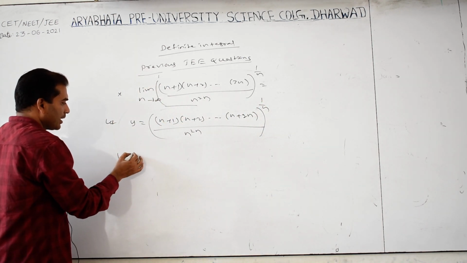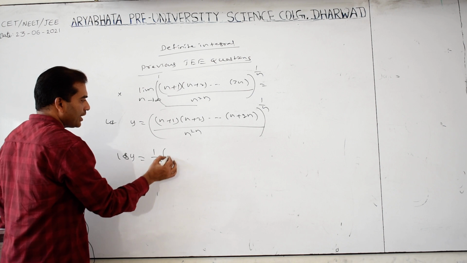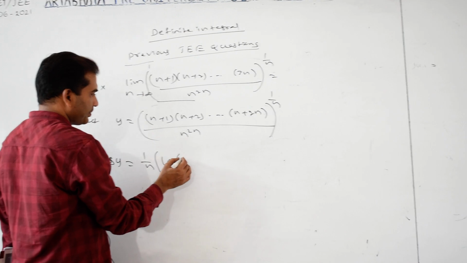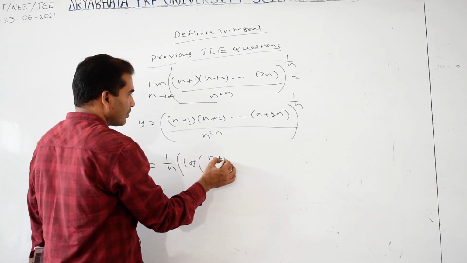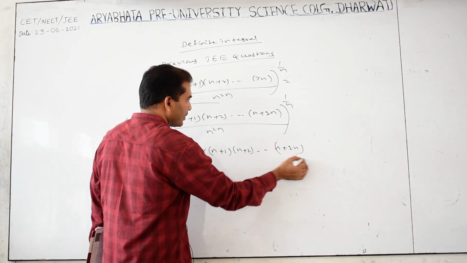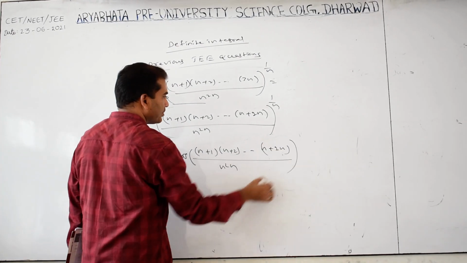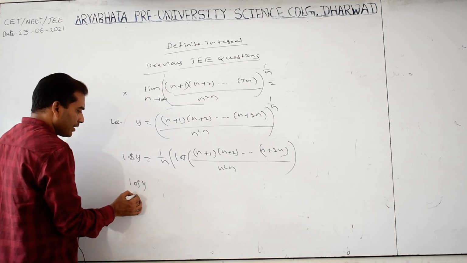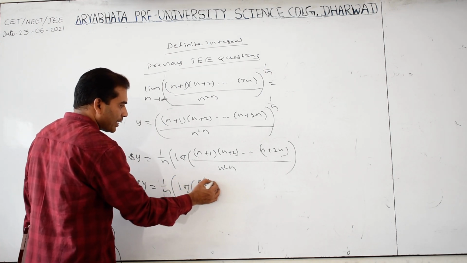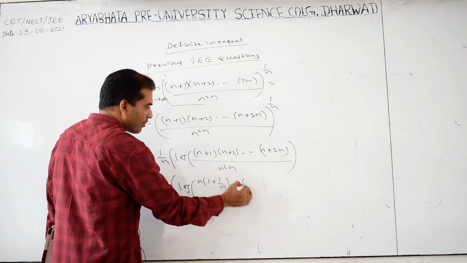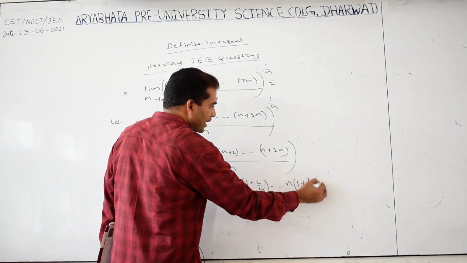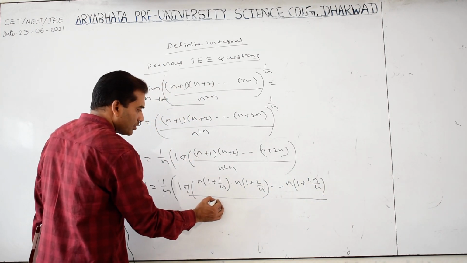Apply log on both sides: log y equals 1 by n into log of n plus 1, n plus 2, and so on up to n plus 2n, by n power 2n. Log y equals 1 by n, can I write like this, taking n common here: 1 plus 1 by n, here taking n common 1 plus 2 by n, and so on, taking n common 1 plus 2n by n, over n power 2n.